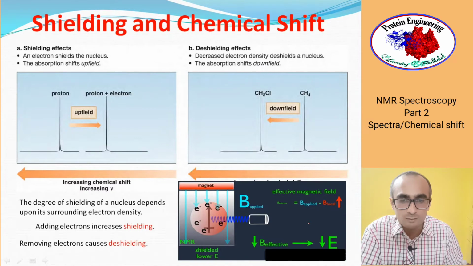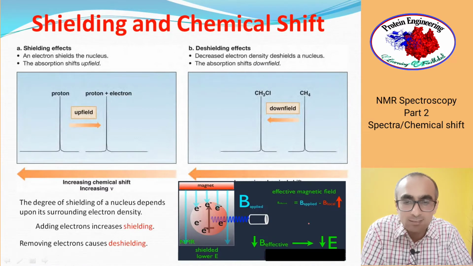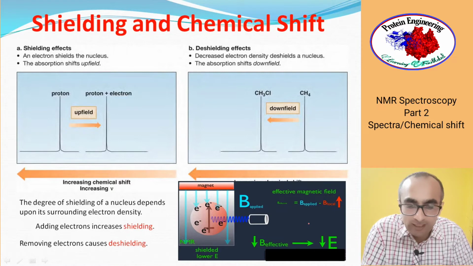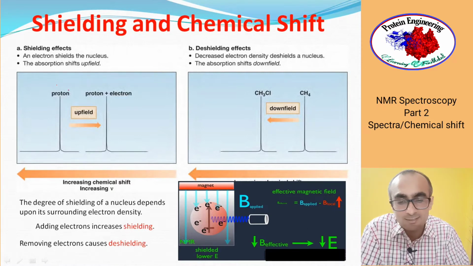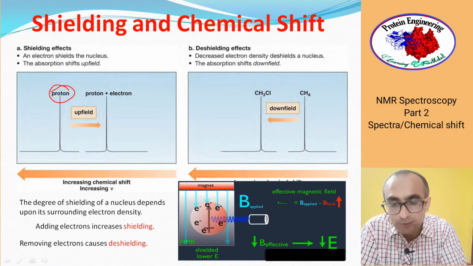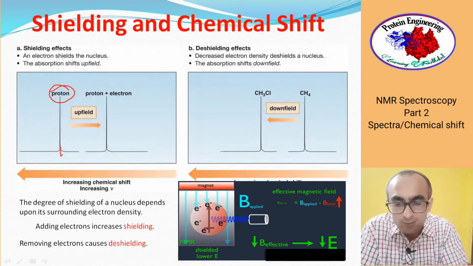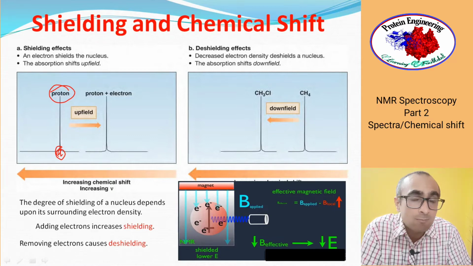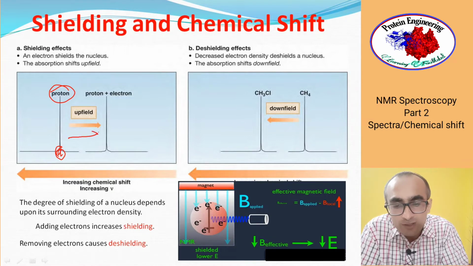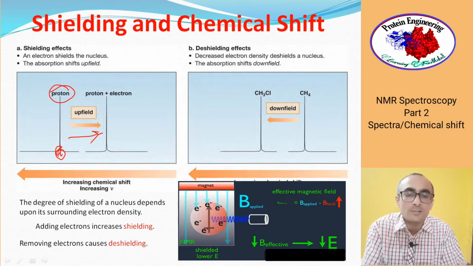So for example, shielding: the degree of shielding of a nucleus depends upon its surrounding electron density. For example, if you have a proton here, the peak is coming at this ppm value, but if you have some electronic cloud in the neighborhood, in that case the peak will be shifted more upfield, because we have seen that in an earlier lecture.